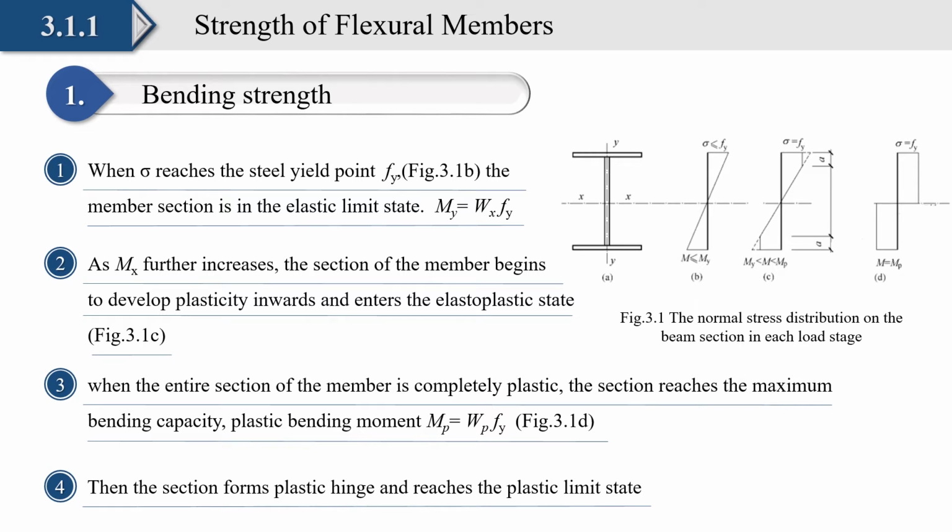As Mx further increases, the section of the member begins to develop plasticity inwards and enters the elastoplastic stage, see figure c. When the entire section of the member is completely plastic, the section reaches the maximum bending capacity, the plastic bending moment. Then the section forms a plastic hinge and reaches the plastic limit state.